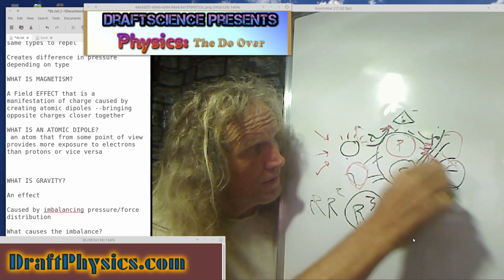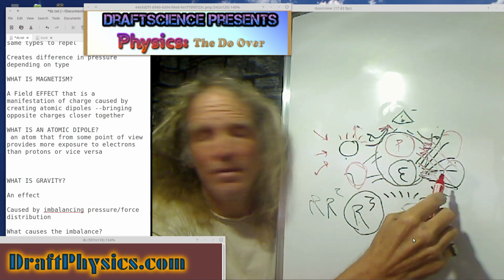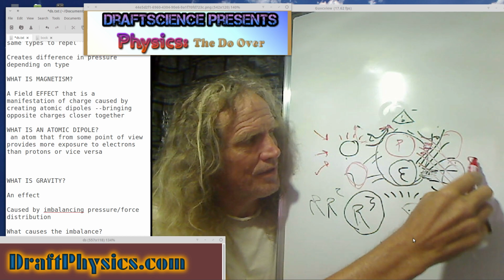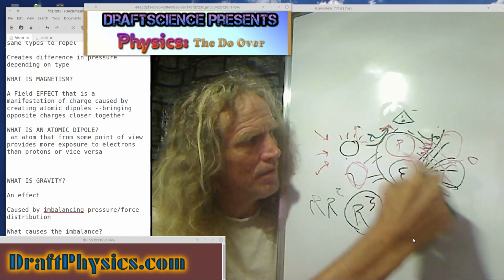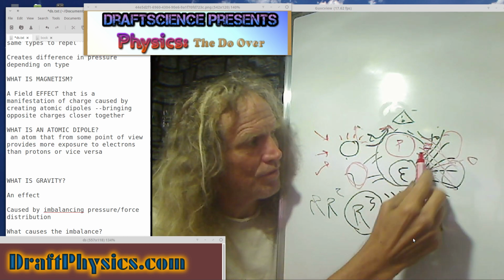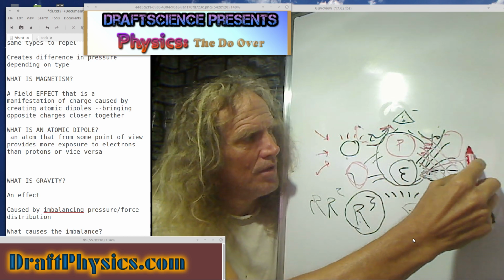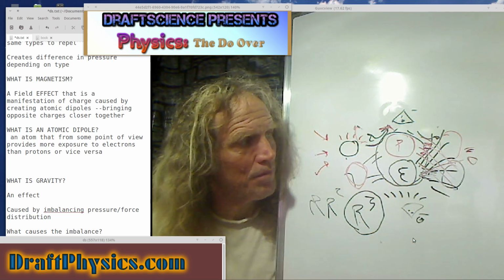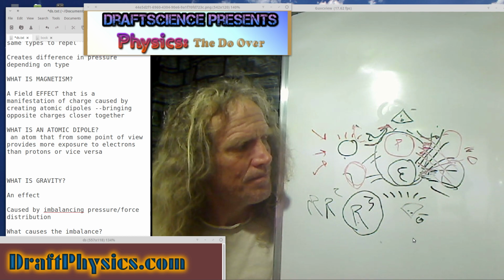And so you end up with a much weaker field at a distance because there's much more mixture. I'm getting hit by more of one than the other. So the further away I get, the more this just turns into a pure mixture of red and black, and I don't get any effect that's noticeable.